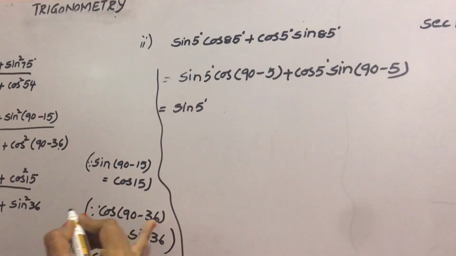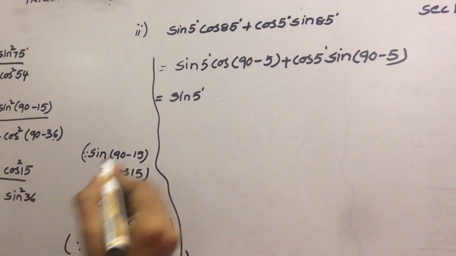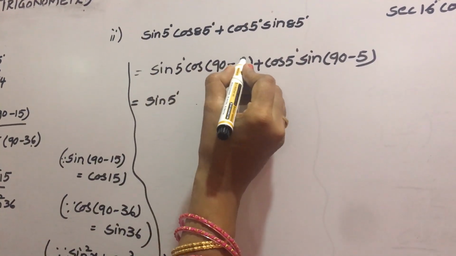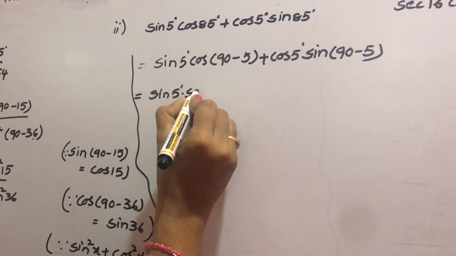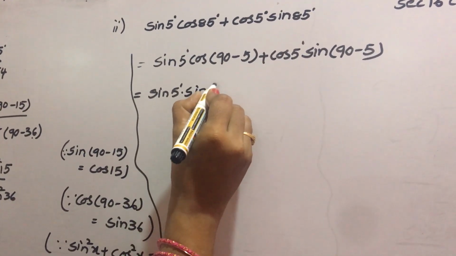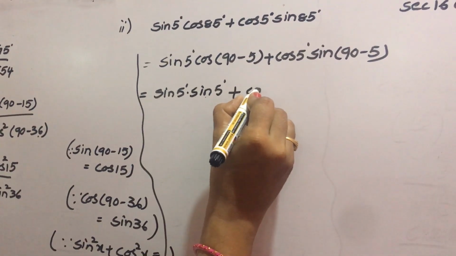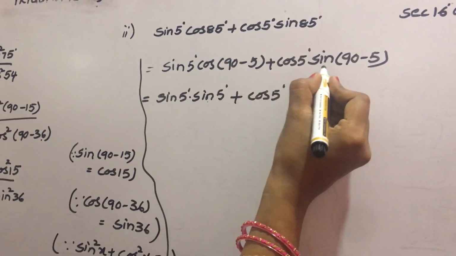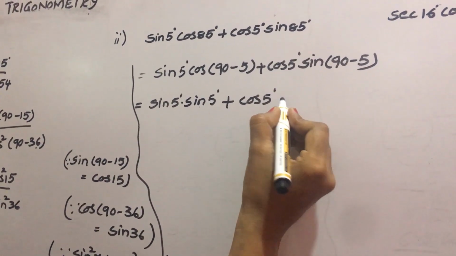We know cos (90 minus theta) is equal to sin theta. Cos (90 minus 5 degrees) is equal to sin 5 degrees plus cos 5 degrees into, what is sin (90 minus 5 degrees?)